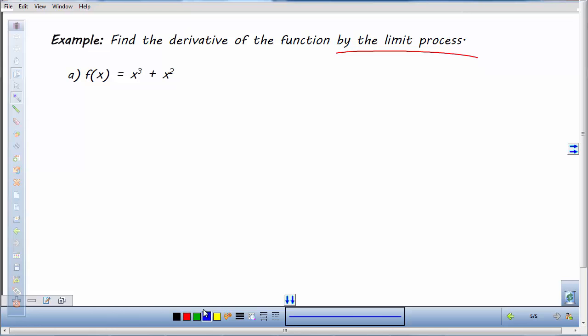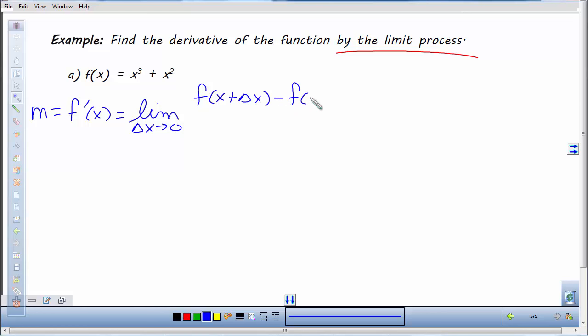So to find the derivative, I'm going to say f prime of x equals the limit as delta x approaches 0. This is that same expression we used for m, the slope: the limit as delta x approaches 0 of f of x plus delta x minus f of x, all over delta x.